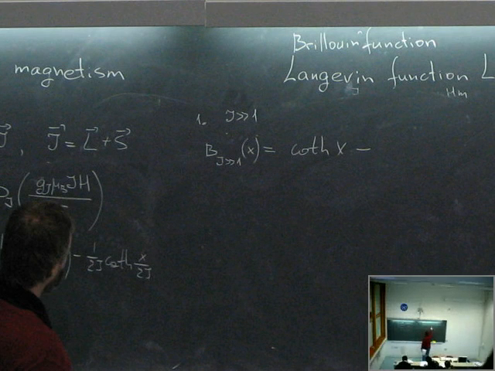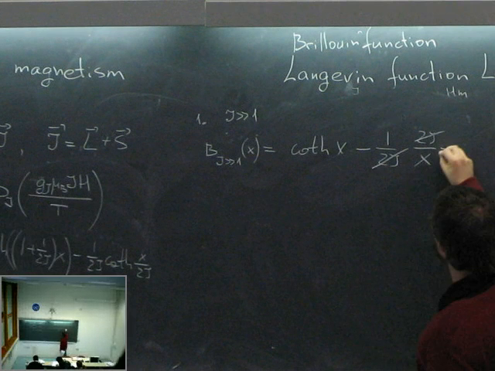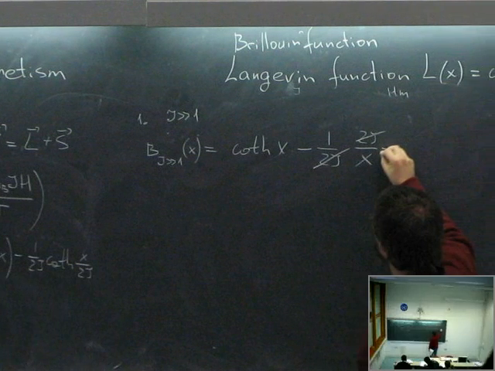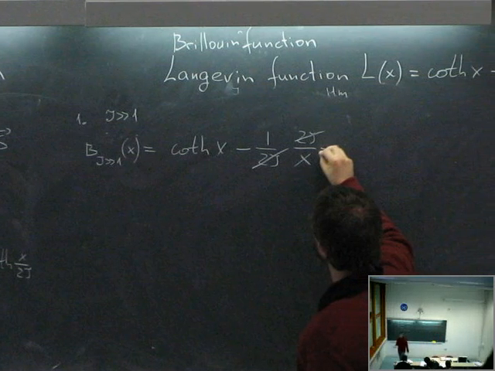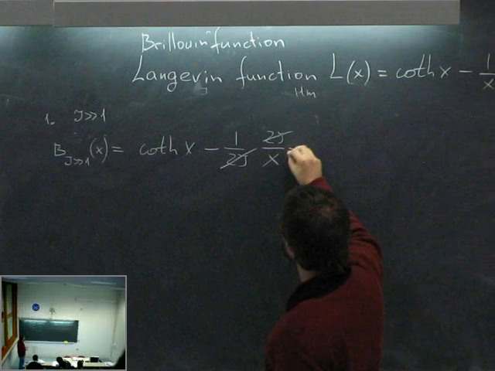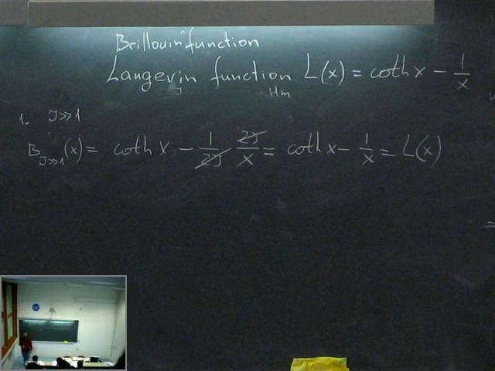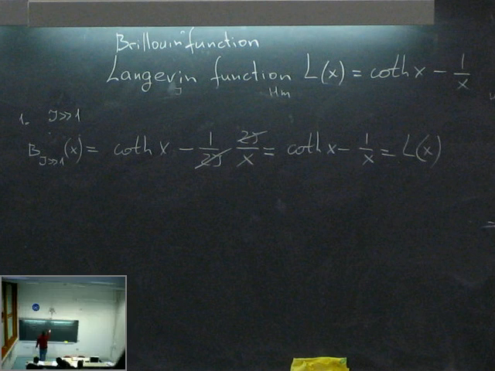So it's 2j over x. The 2j cancel each other, so in fact I have coth x minus 1 over x, and this is L. And this is nice. Now we understand better what has been done in our semi-classical theory of magnetism, and now we justify the change of summation over a discrete variable to the integration over a solid angle. So you see that this part of the theory, the semi-classical one, is already there.